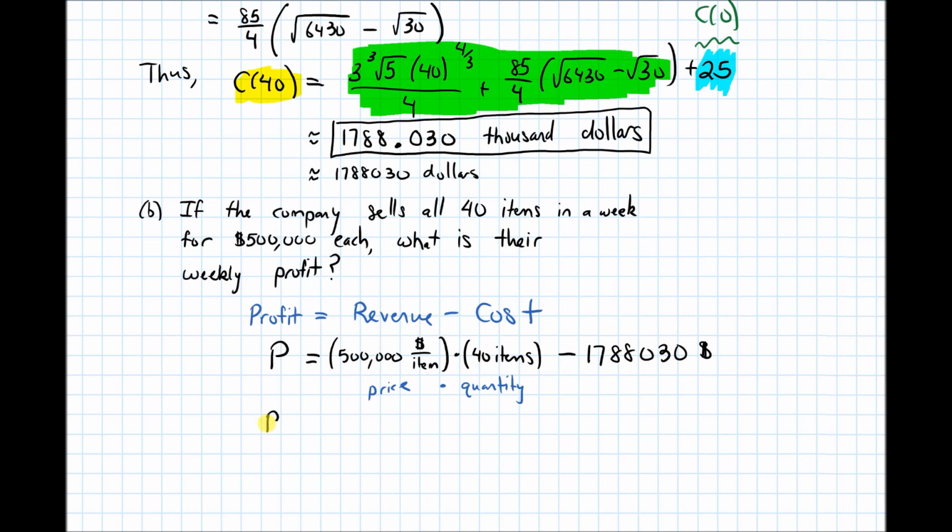Okay, so plugging this into a calculator, notice that in terms of the units, this item on the denominator cancels with this item on the numerator. So overall, we're subtracting a dollar quantity from a dollar quantity. So profit is going to be in dollars, which makes sense. So in dollars, it's 211,970. So a little over $200,000 would be their weekly profit.